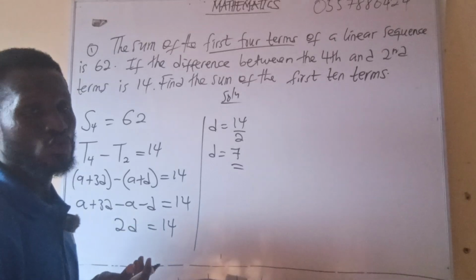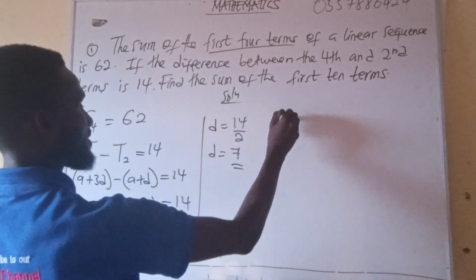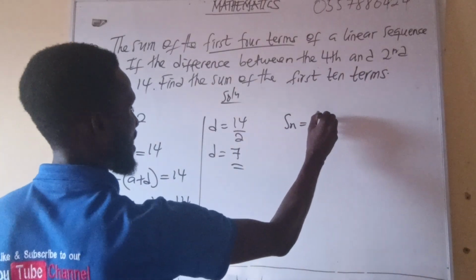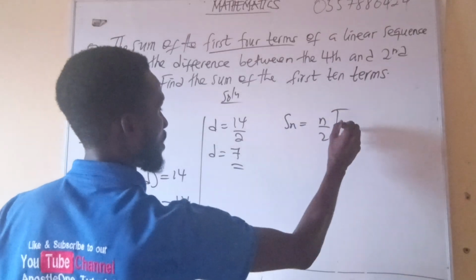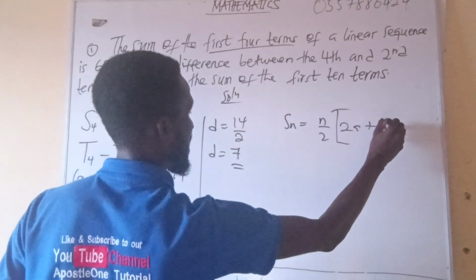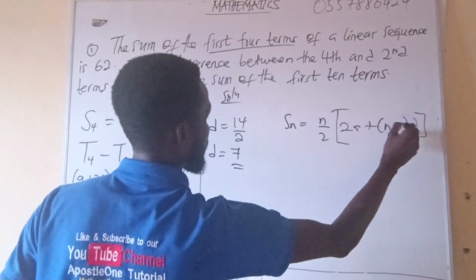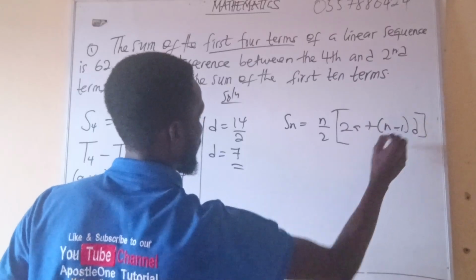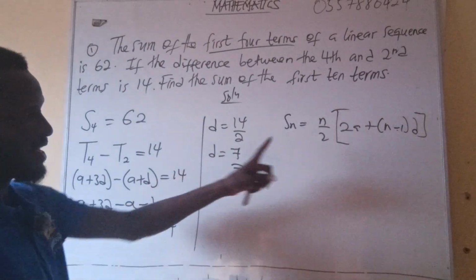This will help me solve for the first term. Don't forget the sum of the n terms is given as n over 2 times 2a plus n minus 1 times d. The formula is like this.